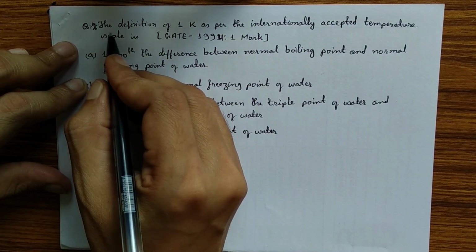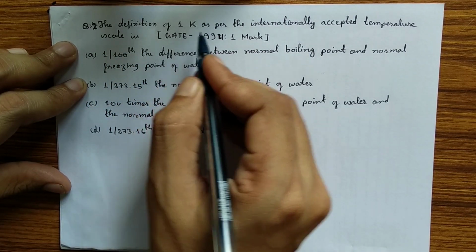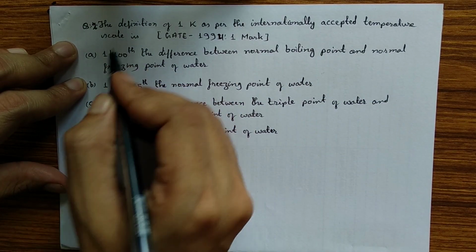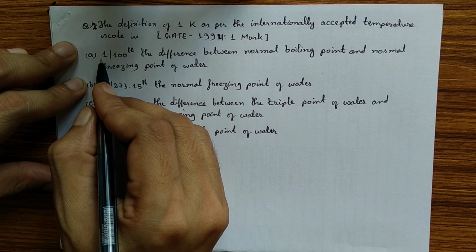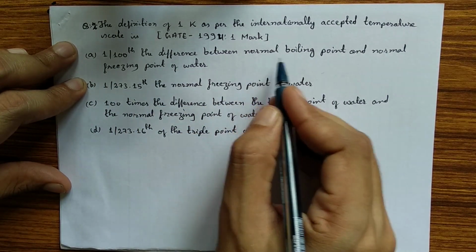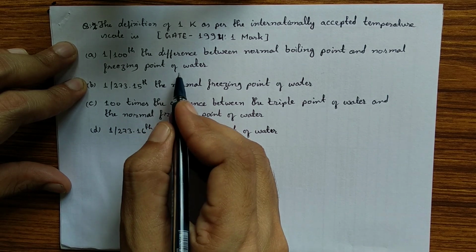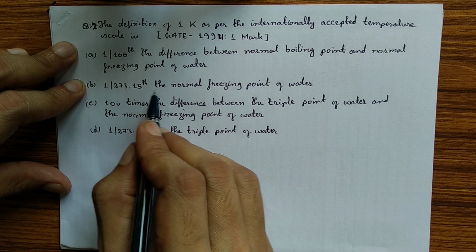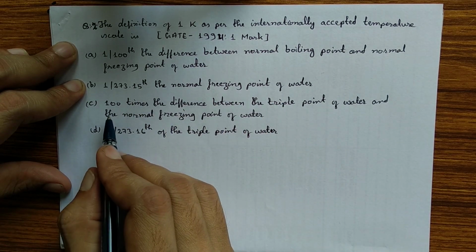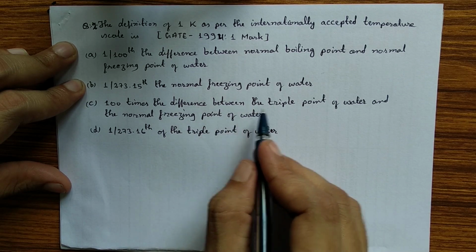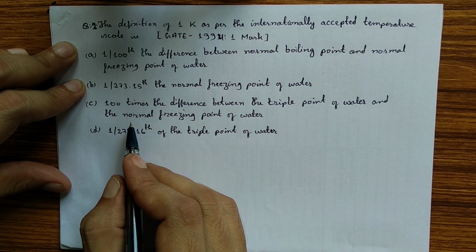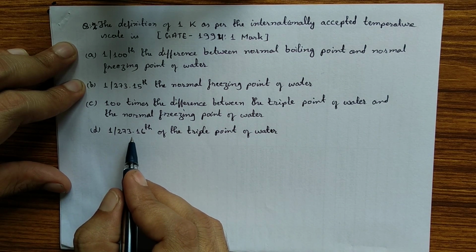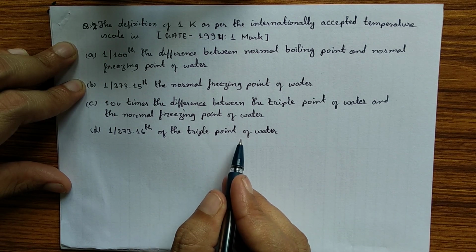The question is, the definition of 1 Kelvin as per the internationally accepted temperature scale is: 1 by 100th the difference between the normal boiling point and normal freezing point of water; 1 by 273.15 the normal freezing point of water; 100 times the difference between the triple point of water and the normal freezing point of water; 1 by 273.16 of the triple point of water.